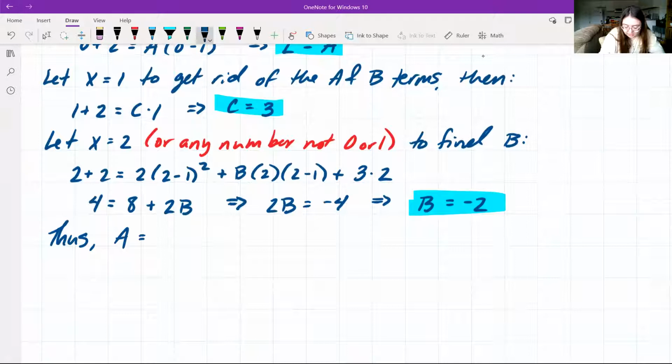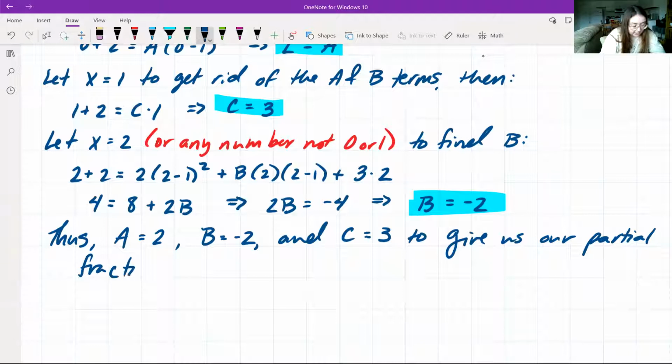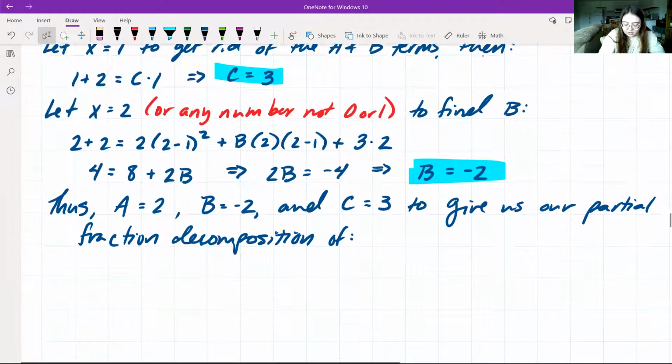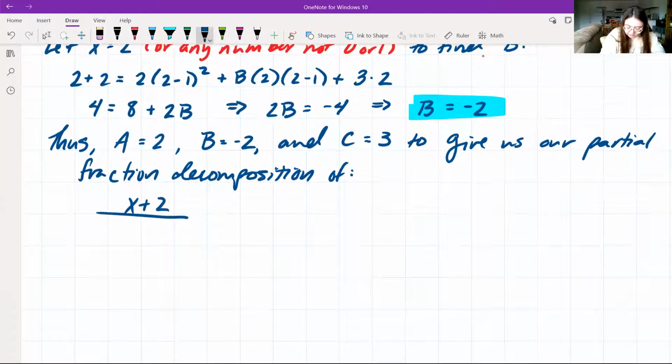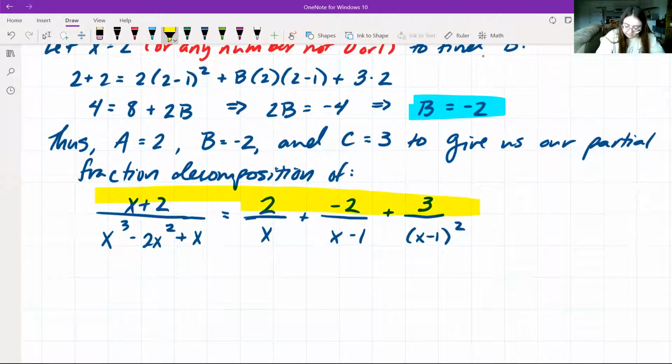So we say thus, a is equal to 2, b is equal to negative 2, and c is equal to 3 to give us our partial fraction decomposition of x plus 2 divided by x to the power of 3 minus 2x squared plus x is equal to 2 over x plus negative 2 over x minus 1 plus 3 over x minus 1 squared. And this would be our final answer.